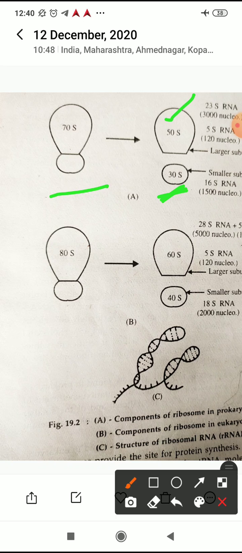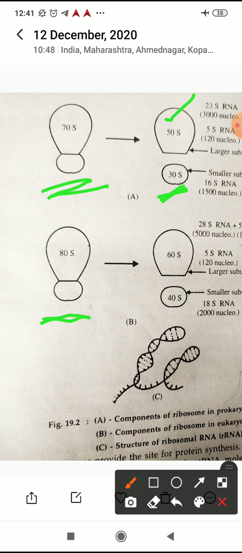This smaller subunit has molecular weight 0.95 into 10 raised to 6 daltons, and the total molecular weight of the 70S ribosome is 2.75 into 10 raised to 6 daltons. This is related with 70S, which is found in prokaryotes.